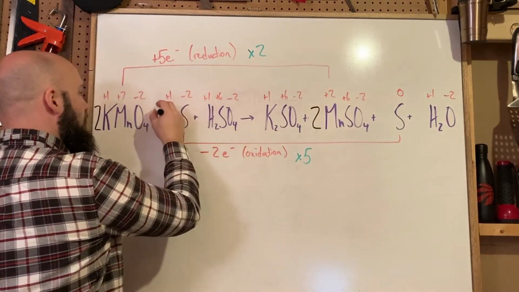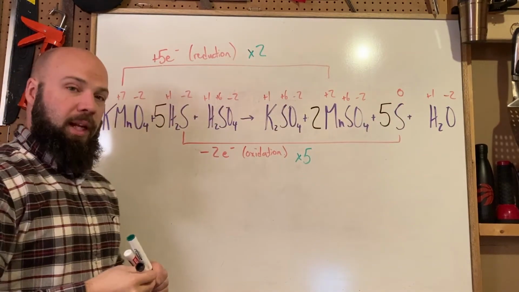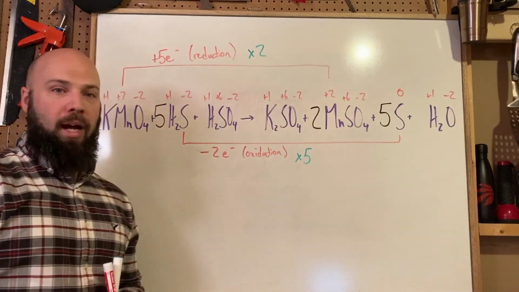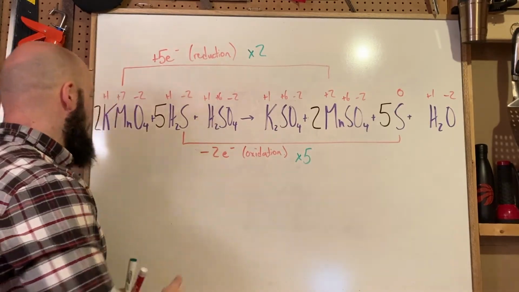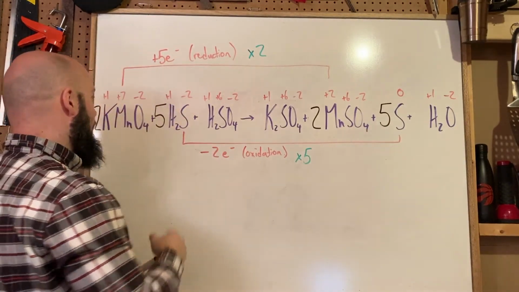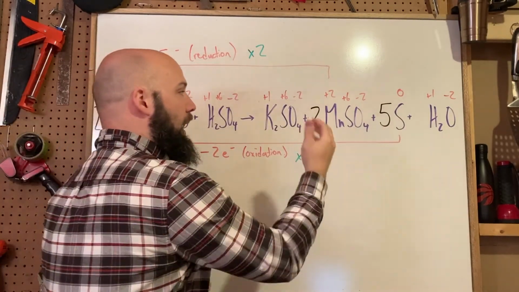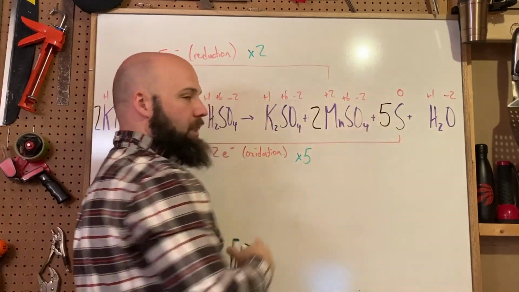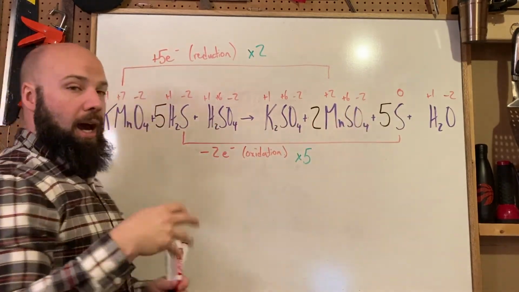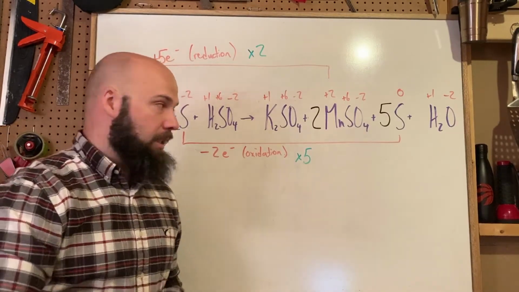And then the 5s we can put in front of these elements, meaning 4 of the compounds or elements in our reaction are locked into this ratio. 2 to 5, and these have to be a 1 to 1 or 5 to 5, and these have to be 2 to 2. All of those can't change. If you have to multiply, say, this sulfur by 2, all 4 of these compounds have to be multiplied by 2 to keep your electrons balanced.